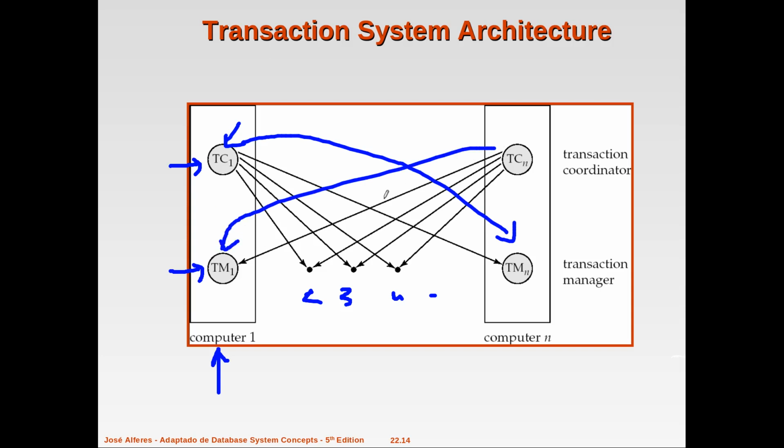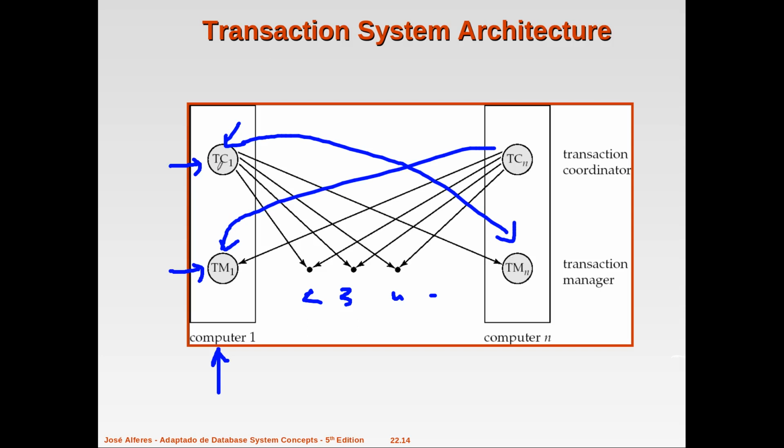So the same thing will be repeated for various transaction initiations, then dividing into sub transactions, then the final decision on whether the transaction will be committed or aborted. So there will be communication between the transaction coordinator and transaction manager of various sites. The transaction coordinator of one site will be communicating with the transaction manager of another site.